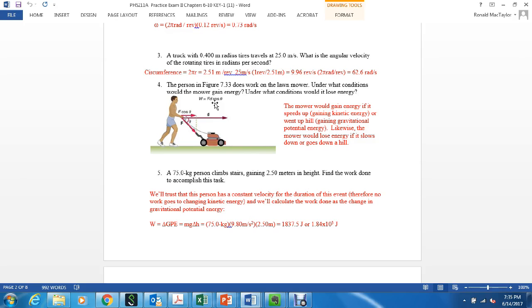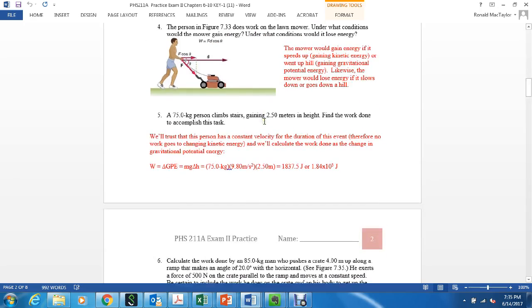But maybe we shouldn't do that with our lawnmowers. If we speed it up, it gains kinetic energy. If it goes up a hill, it gains gravitational potential energy. If we slow it down or go down an incline, then it would lose energy.